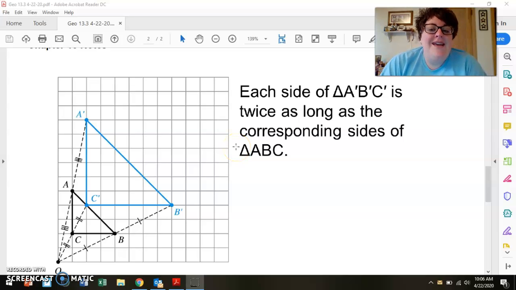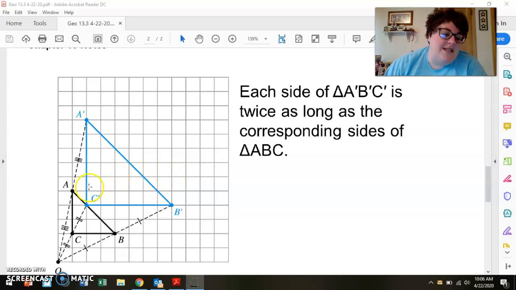If we look at this example, we have the triangle that's in black. Each side of triangle A prime, B prime, and C prime is twice as long as the corresponding side of triangle A, B, and C. This would be an example of a two-dimensional dilation. We're taking the black triangle and multiplying the length of that side by 2.